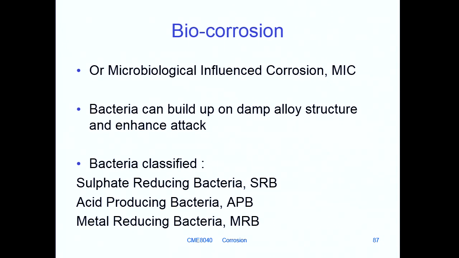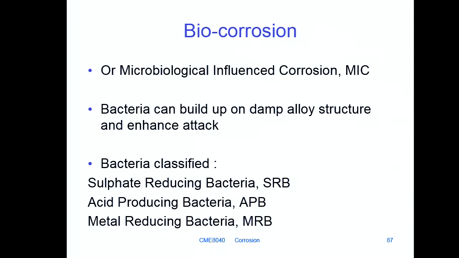The bacteria themselves, there are various ways of classifying them. One is by their chemical reaction, and so the three most common forms of bacteria are the sulfate reducing, the acid producing, the metal reducing, and we'll have a look briefly at all those three.